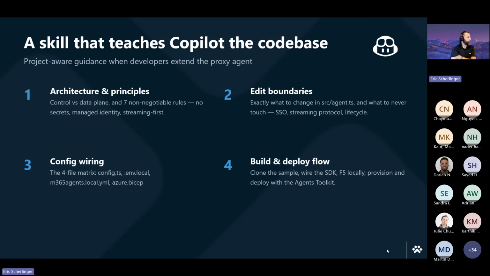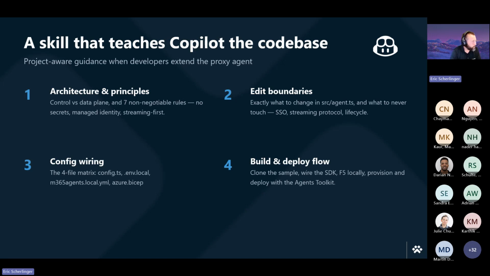Good. So I did demonstrate, but we have a dedicated slide for the skill. As I was mentioning in the presentation, the skill is built for 4 pillars. The architecture and the principles. So being able to answer questions around the architecture, I showed you as well, it was knowledgeable about stuff going beyond the current samples that we have.